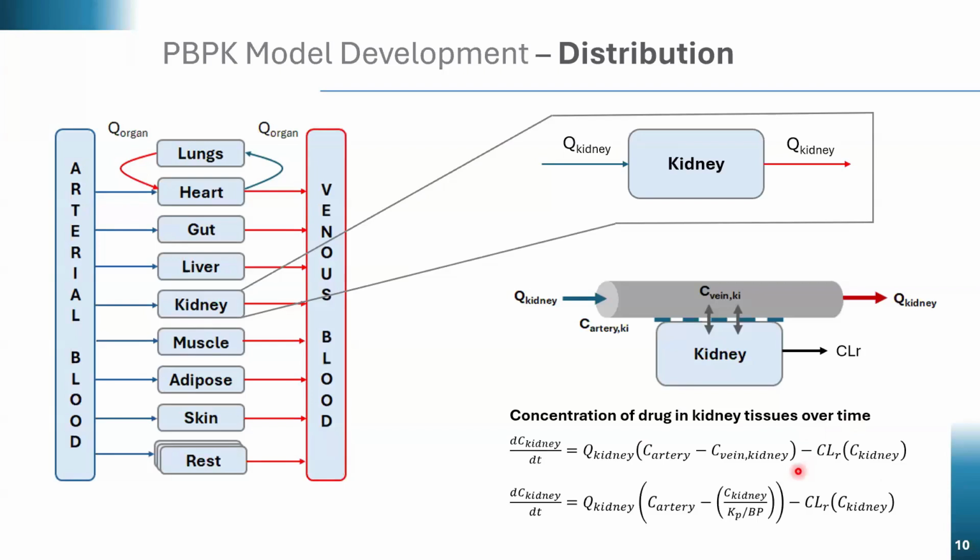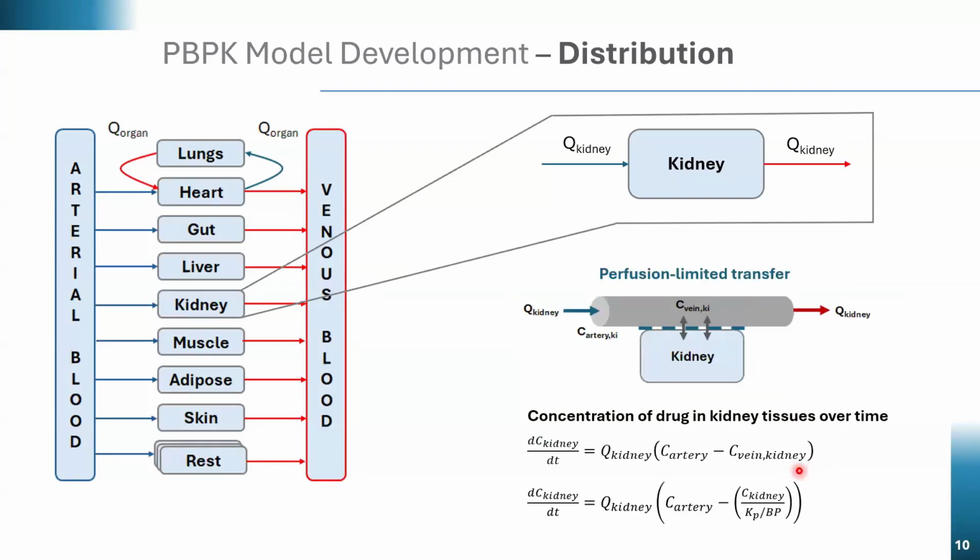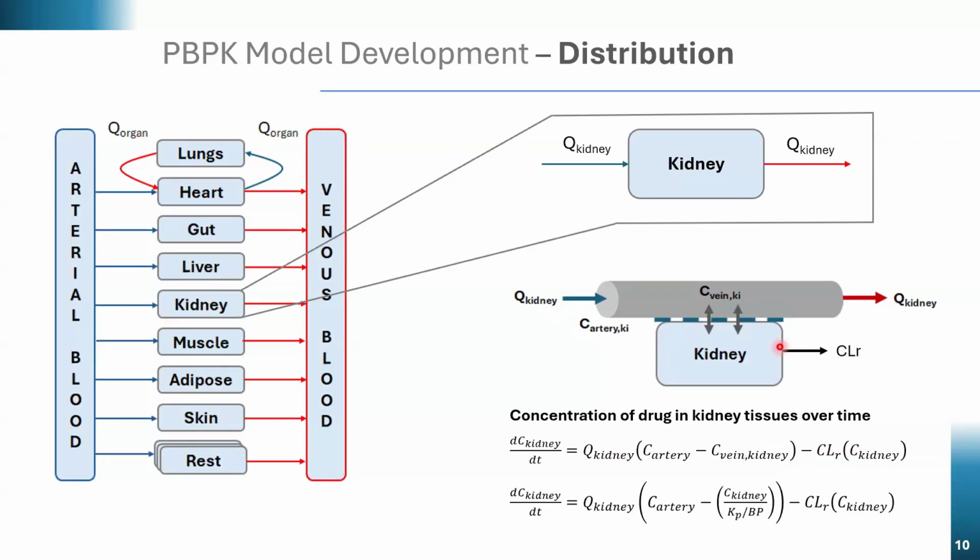If you look at the previous equation here, it is just Q kidney, C artery minus C vein. That's all. But because I am now saying the kidney can eliminate the drug, then you need to add the loss of drug as a result of either renal excretion or metabolism in the kidney. Then we can use this equation to account for that.